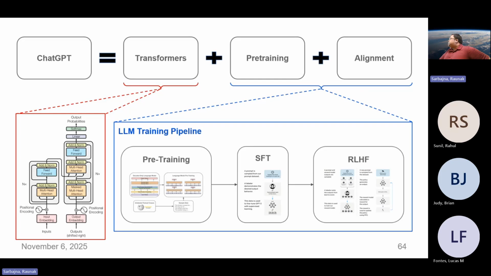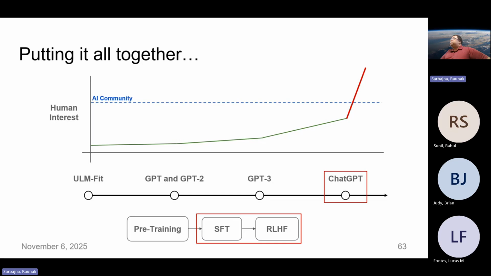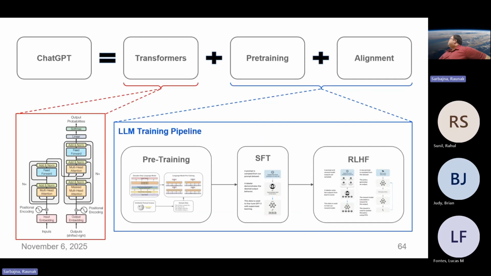Fundamentally it still has the old transformer architecture that it was using in 2021 under Sam Altman and OpenAI. But the alignment process has gotten much bigger. The pre-training process has gotten much more focused.